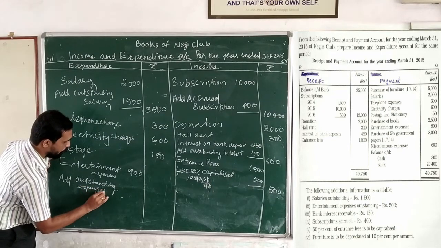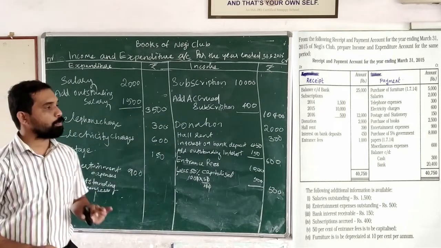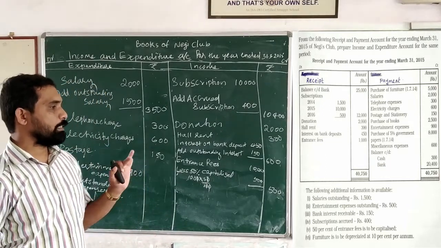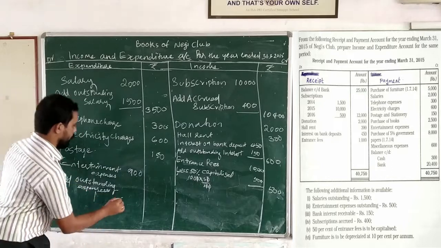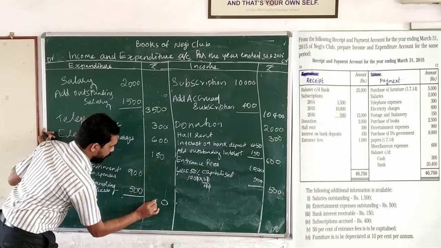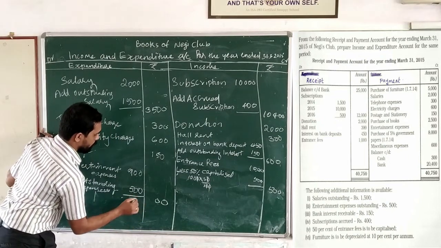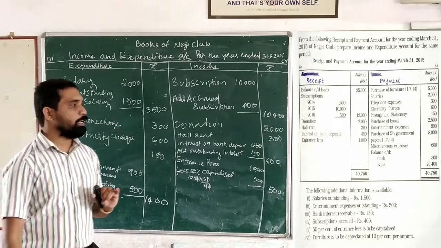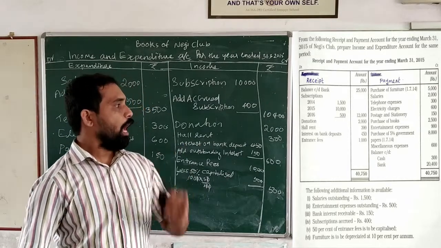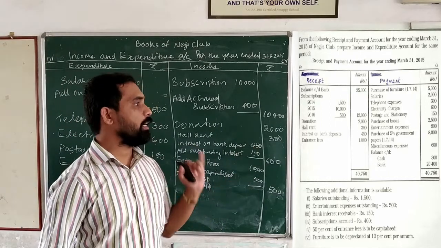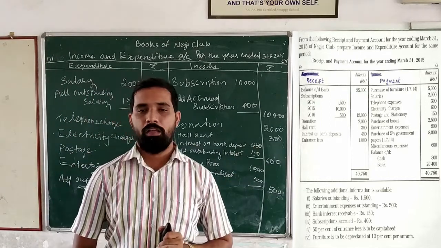Outstanding entertainment expenses, how much rupees outstanding? 500. So altogether, how much? 1,400. And the next one is purchases of 5% government papers.